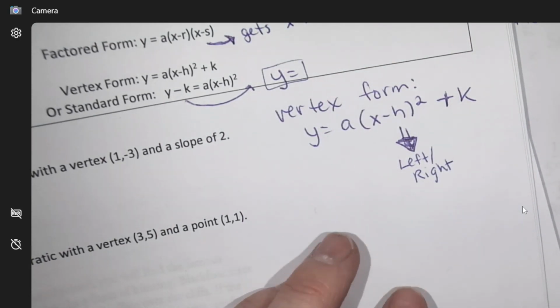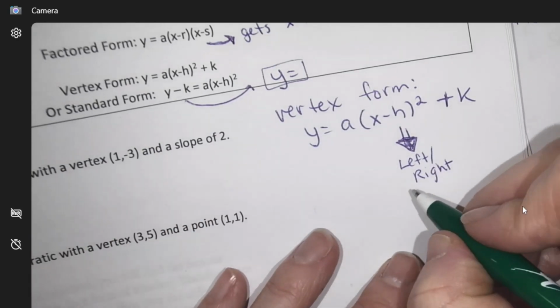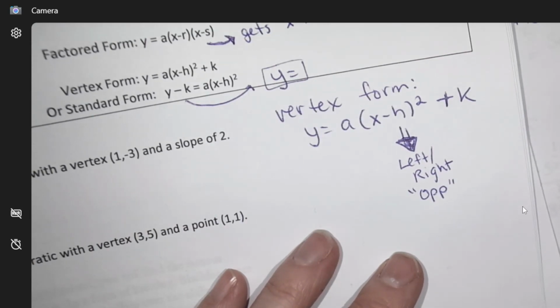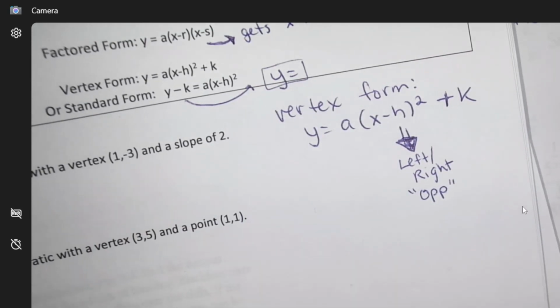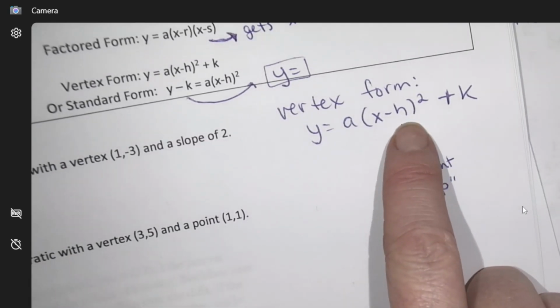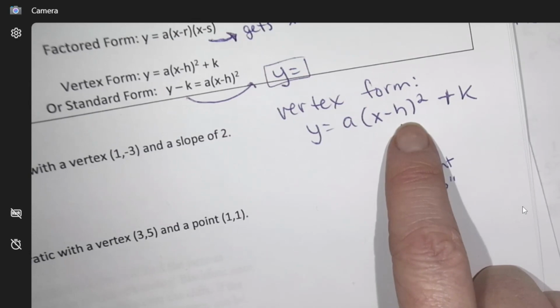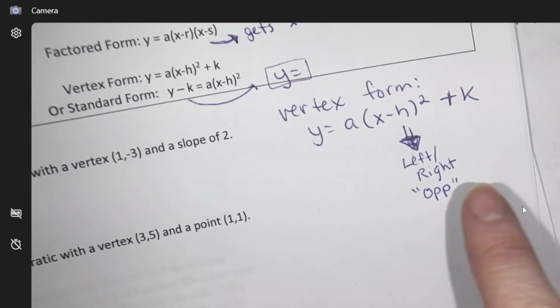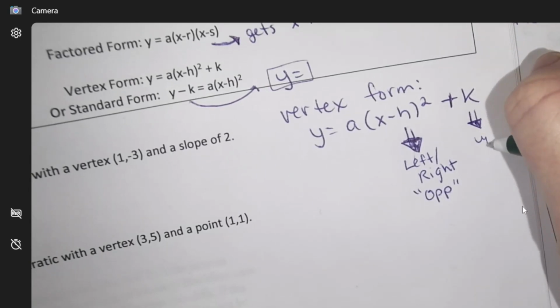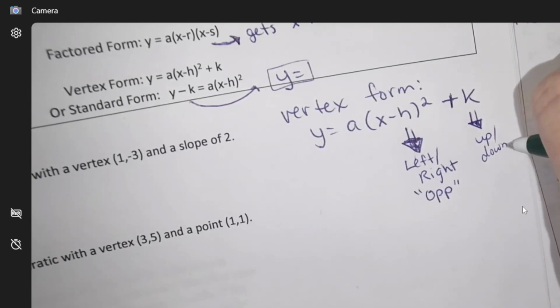And do you remember our first lesson? It moved it in an opposite way. So what gives me the hint? Do you remember something like the quadratic formula when it reads negative b? That means do the opposite. This reads negative h. So what should you do? The opposite. Okay? And the letter at the end will move it up or down.